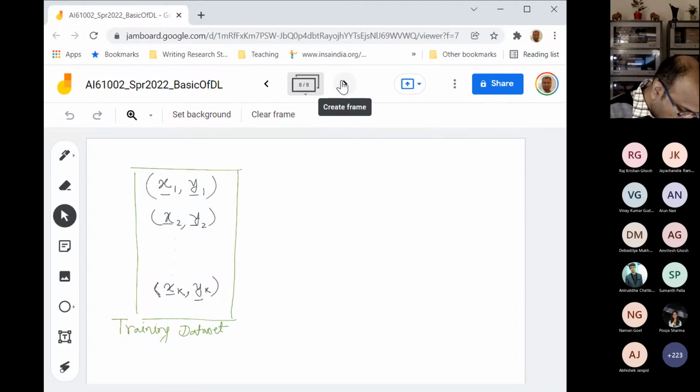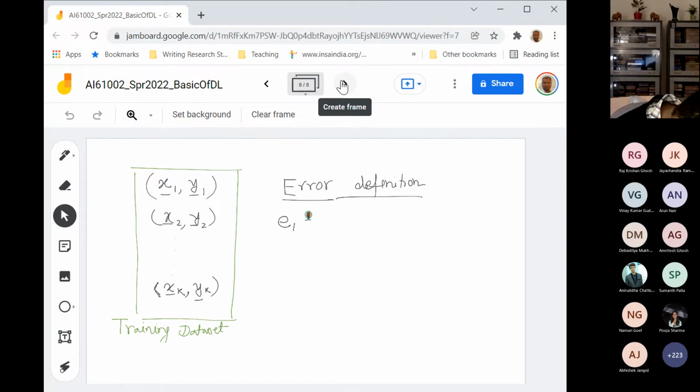Now what we want to achieve is we want to define something which is called an error. So how can we define this error? Say what I can do is I can find out something like E1, which is basically the difference between my prediction Y1 and my real Y. This is from the first neuron. This is not from the first sample, remember.